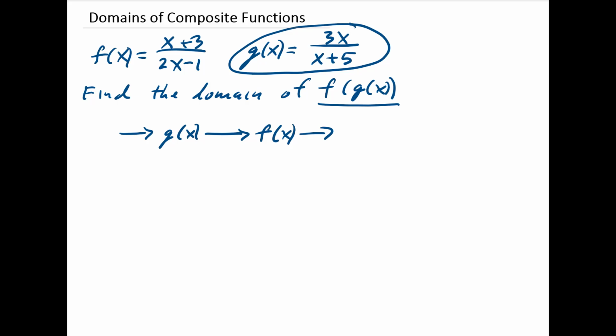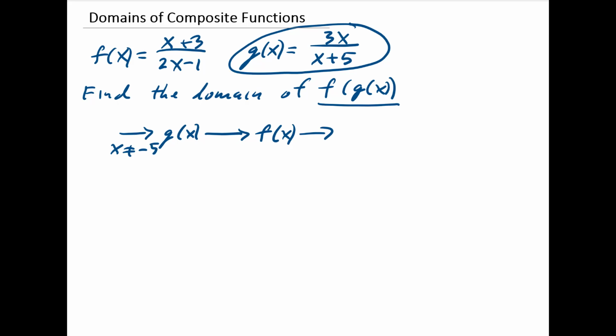To find the domain of g, we set that denominator equal to 0, and when you solve that for x, you get x = -5. Which means if you plug -5 into the function g, you're going to get -15 over 0, which is undefined. So we cannot plug -5 into g. So x cannot be -5.